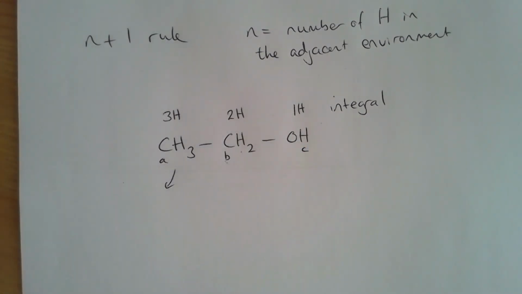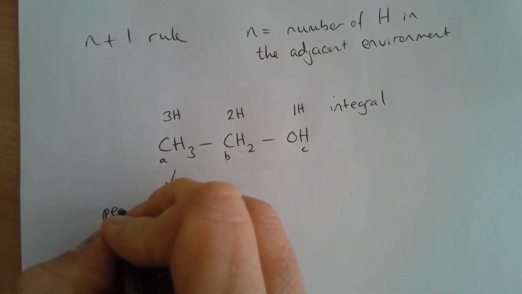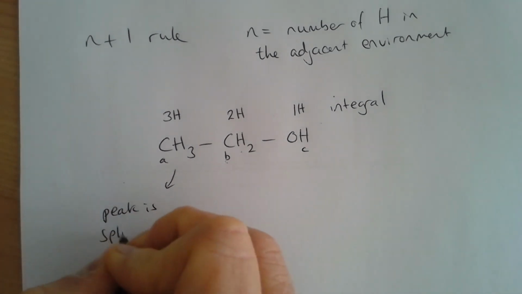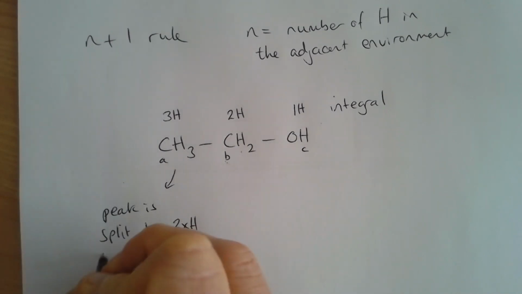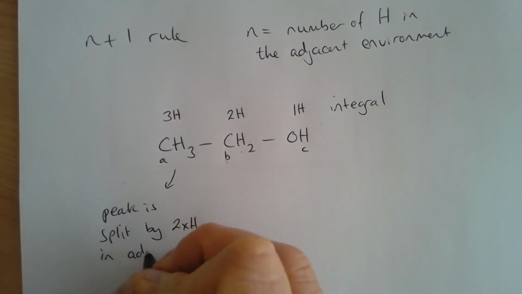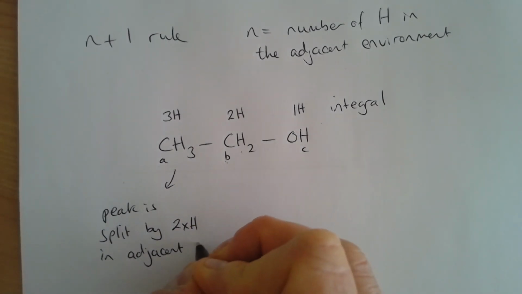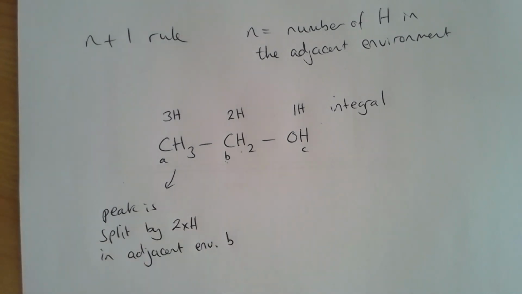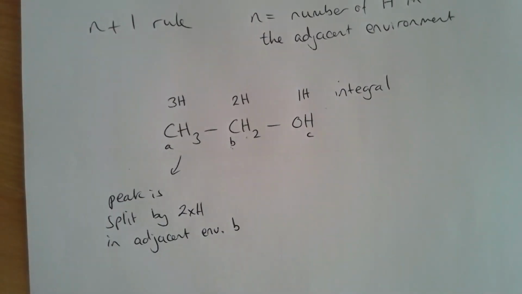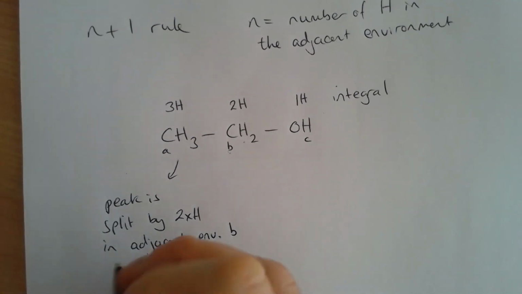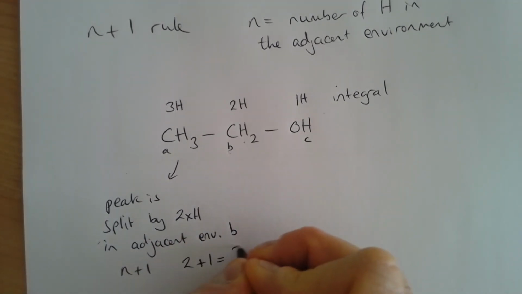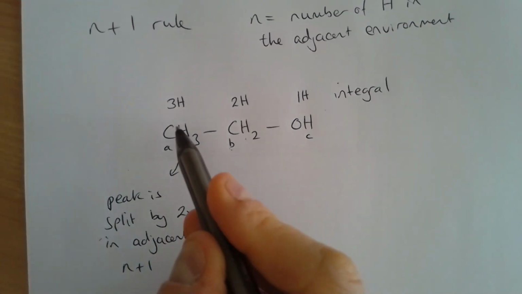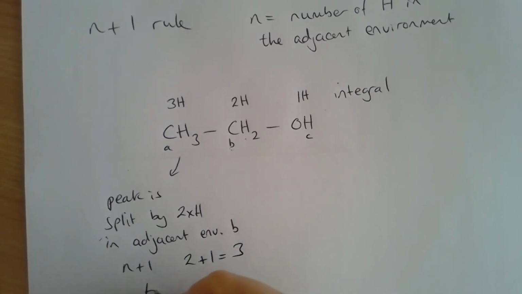So what we would say here is this peak is split by 2 hydrogens in the adjacent environment B. So according to the N+1 rule, that is therefore 2 plus 1 equals 3. So we would expect this 3H peak to be split into a triplet.